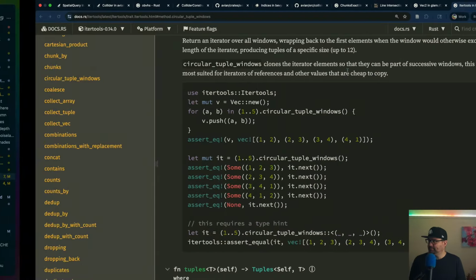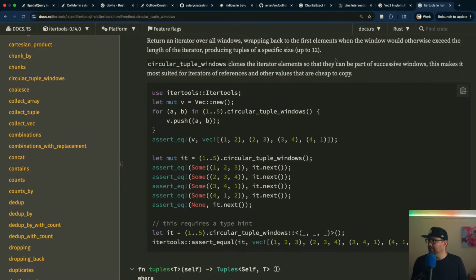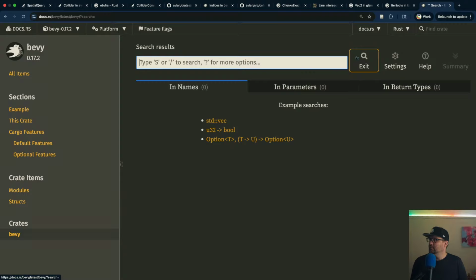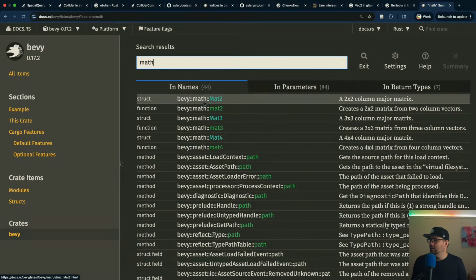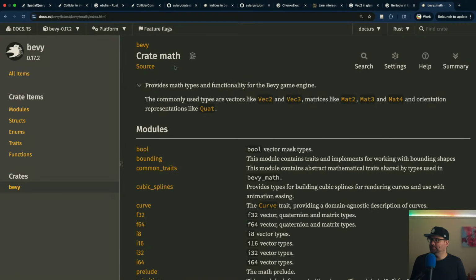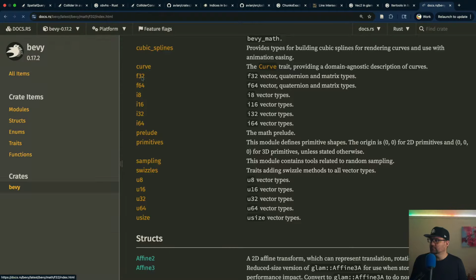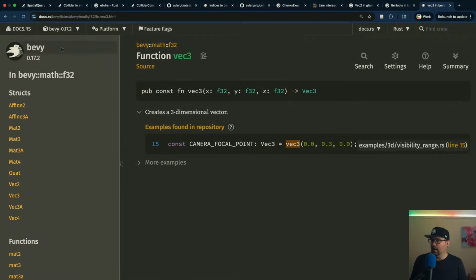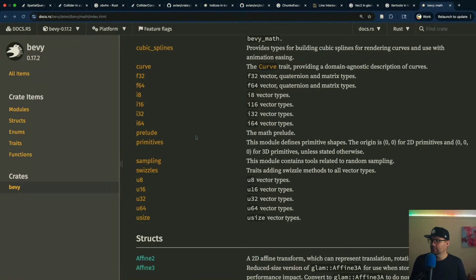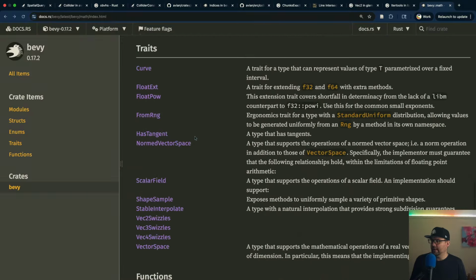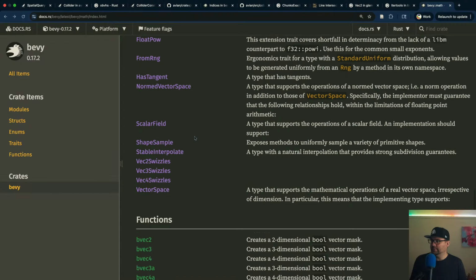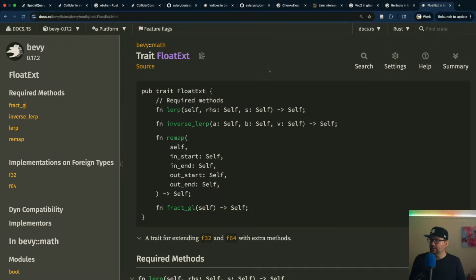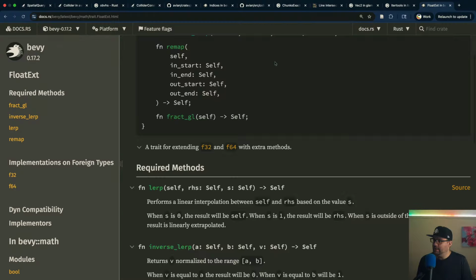There's also Bevy tools for better F32 stuff. These are not what I'm looking for. Structs, affines, constructors, float extension, lerp, inverse lerp remap, fract GL.